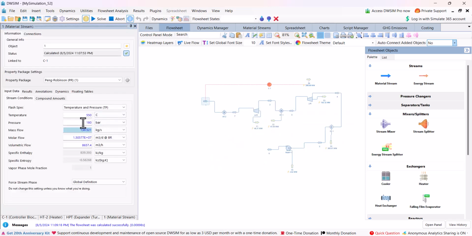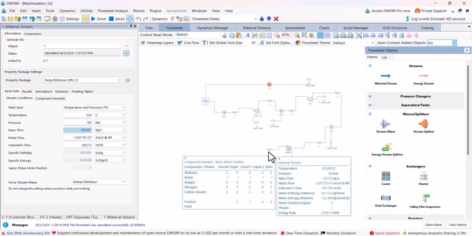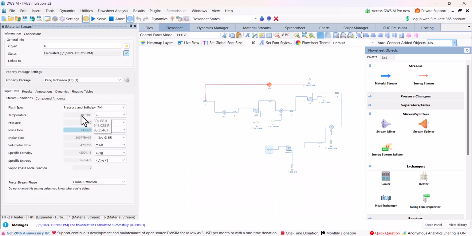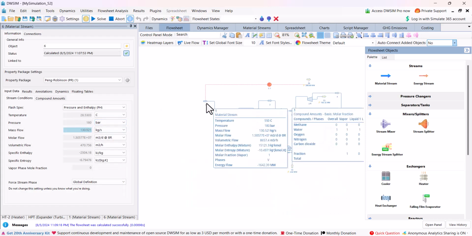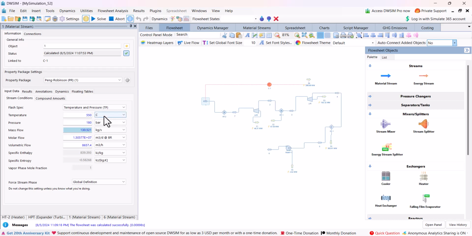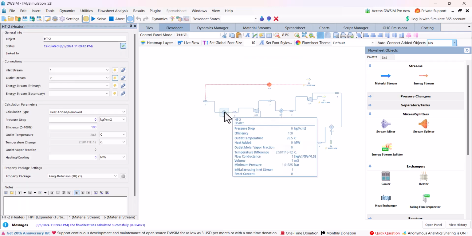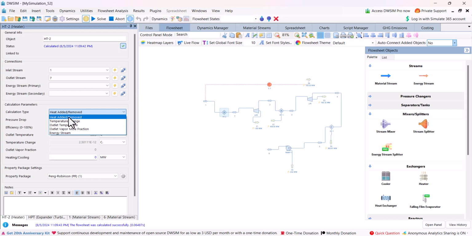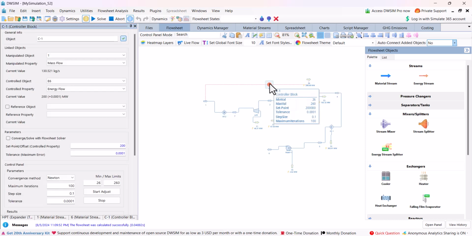So now let's assume stream 1 is coming back at the same conditions from where the pump is leaving. At the pump it has left at 28.5 degrees Celsius and 180 bar, and in the heater it has been heated to 550 degrees Celsius.